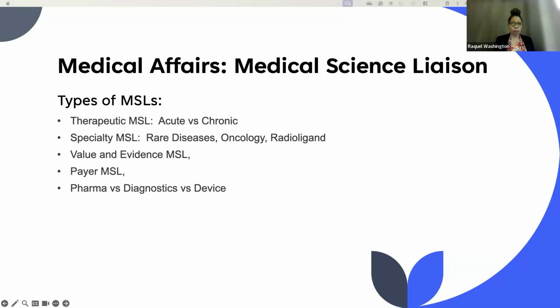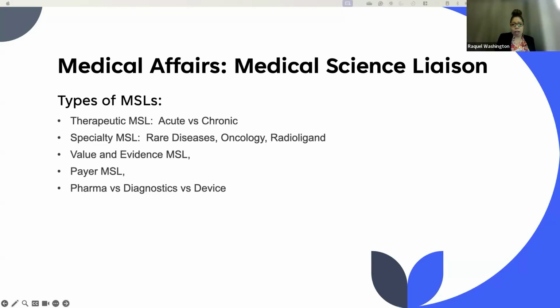We covered the whole portfolio. Usually if you're a payer MSL, you're not just one therapeutic area. That company has multiple products, and you may be covering all of them. You may not be able to go deep, but you need to know enough about that product and the competitive landscape, the other products in the market, to be able to have a conversation.